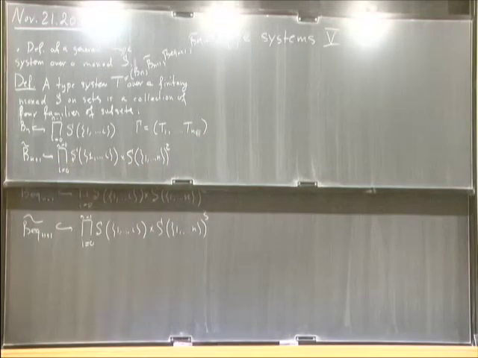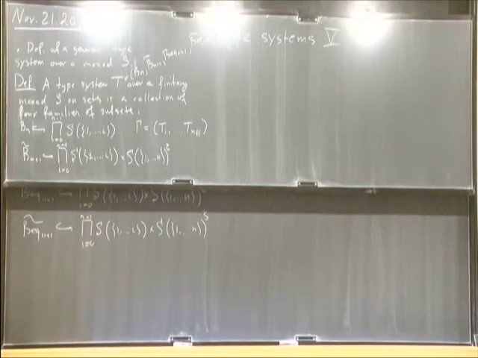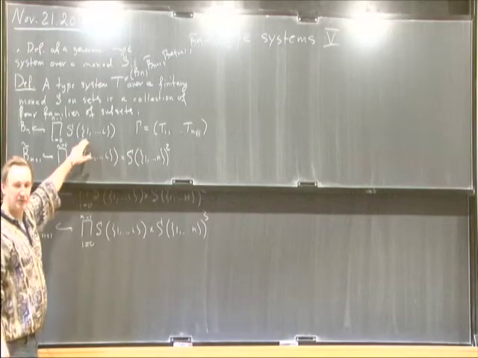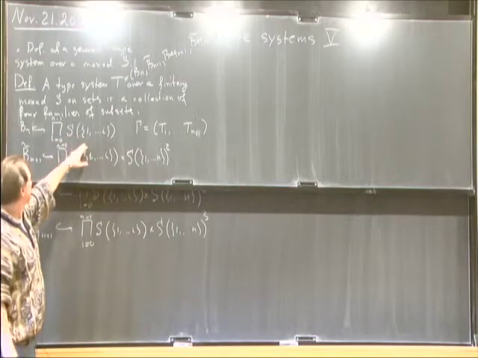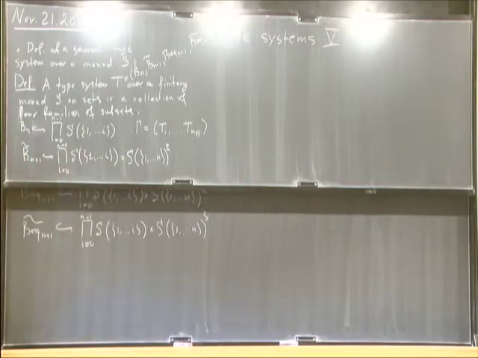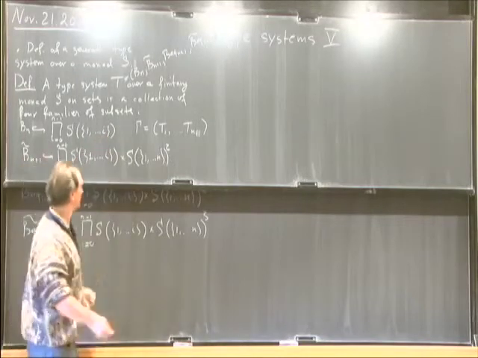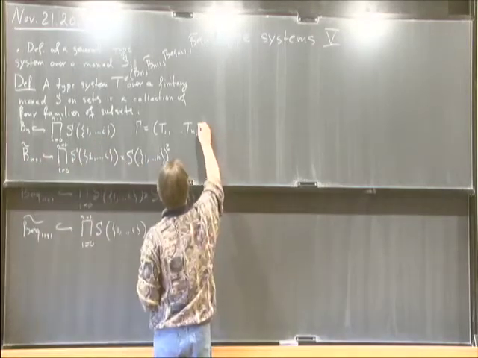If you don't mind, it's the same. So T1 is going to be S of the empty set. T2 is going to be S of 1, and so on. Instead, I could have written here. It's the same anyway.